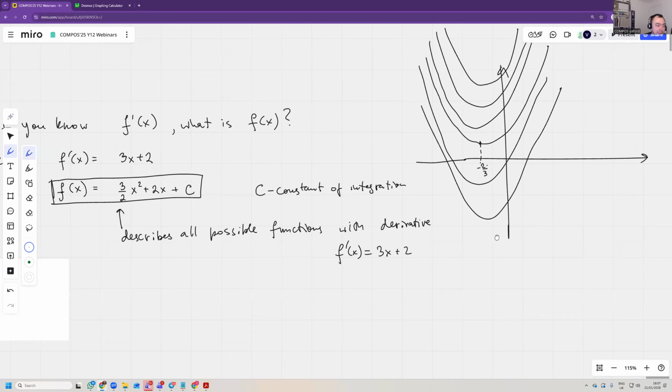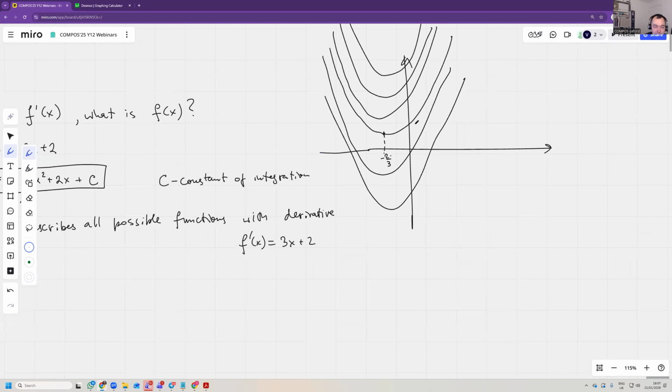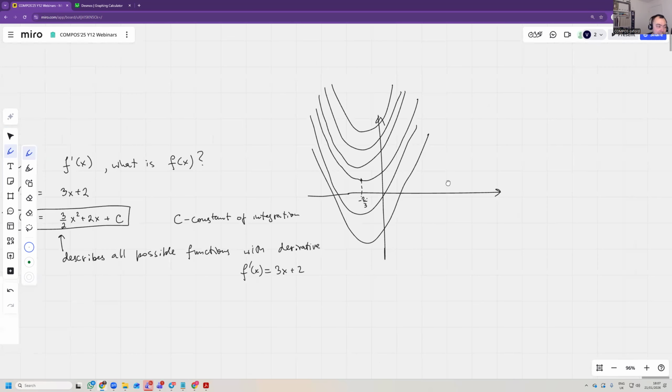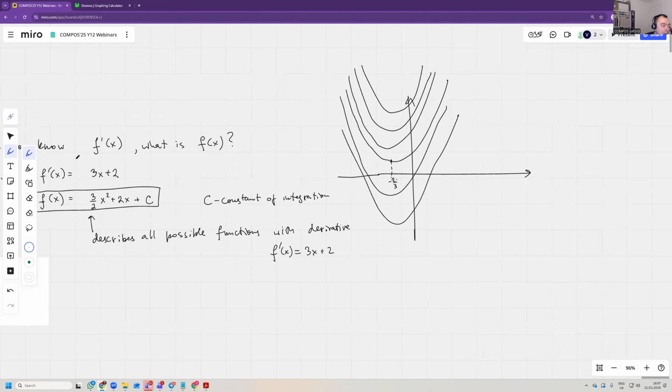All of these parabolas are solutions, for different values of c. So for example, this would be c equals minus 3, c equals minus 0.2, c is 1, c is 2, c is 3, etc. So just different values of c. I hope you understand what I mean.